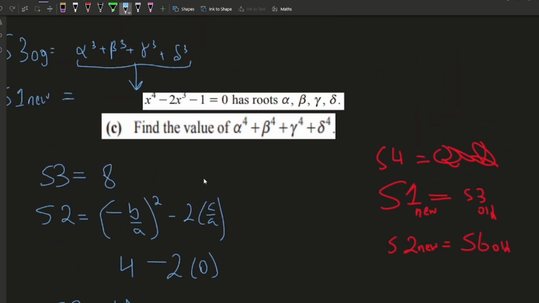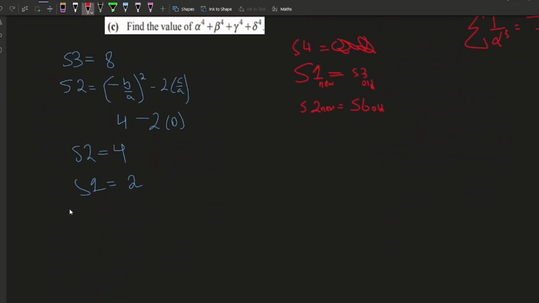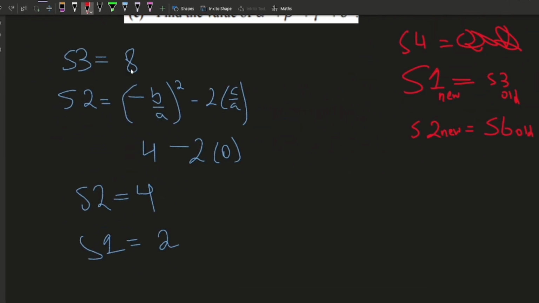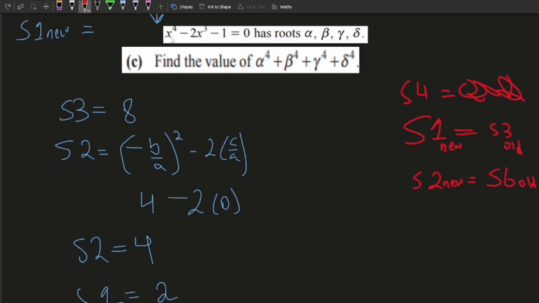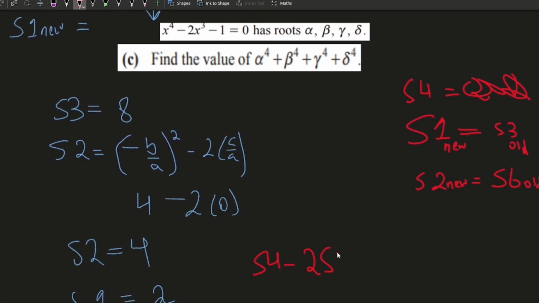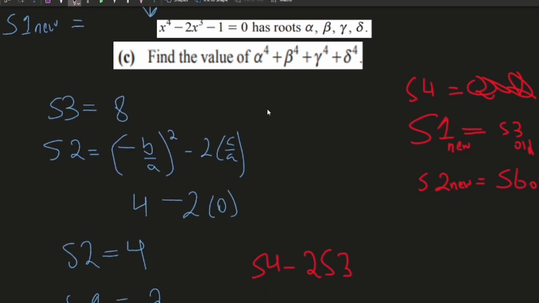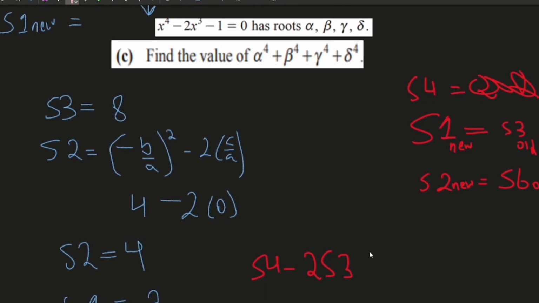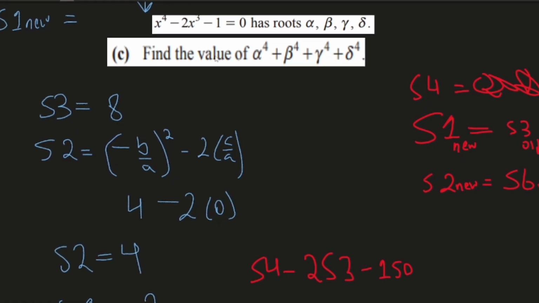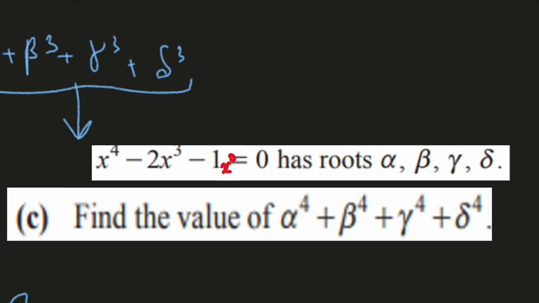Right? So now we can use the recurrence method to find the value of S4. This would be S4, x cubed would be S3 minus S3. We have no value of S2 here, so it will simply be 0. Same for S1 and our S0. Our S0 is basically x to the power 0.